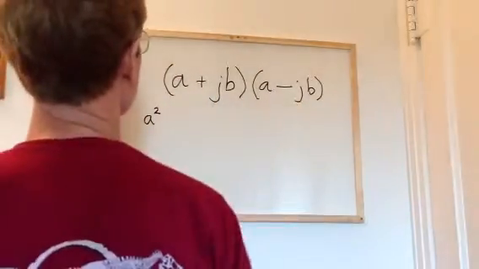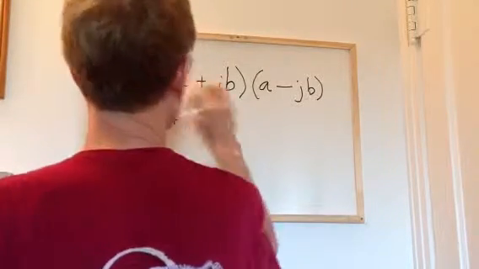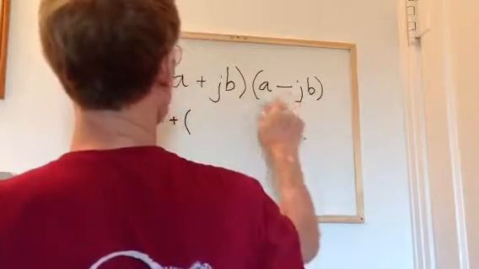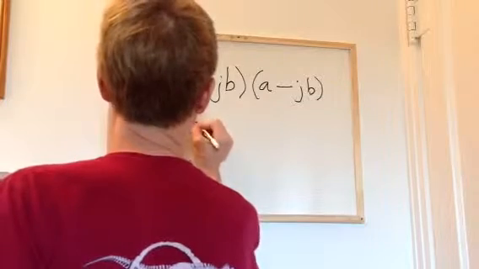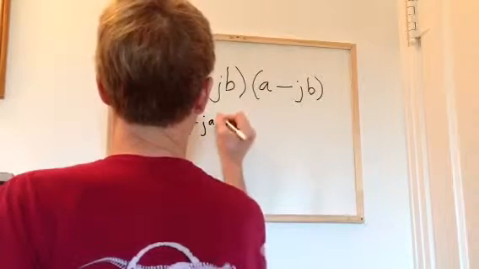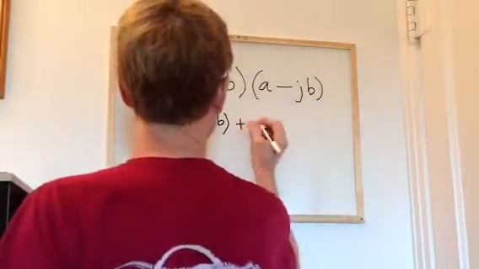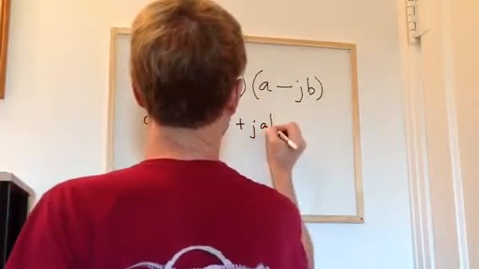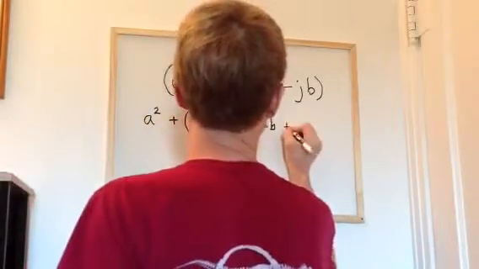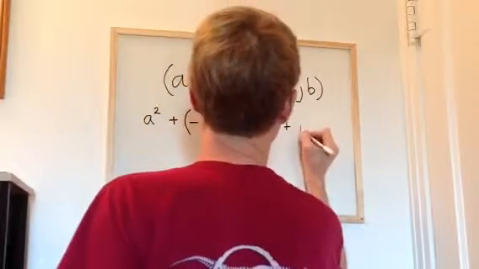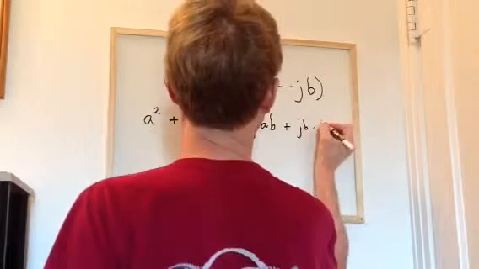The second term is minus jAB, plus jAB. And then here we get plus jB times minus jB.